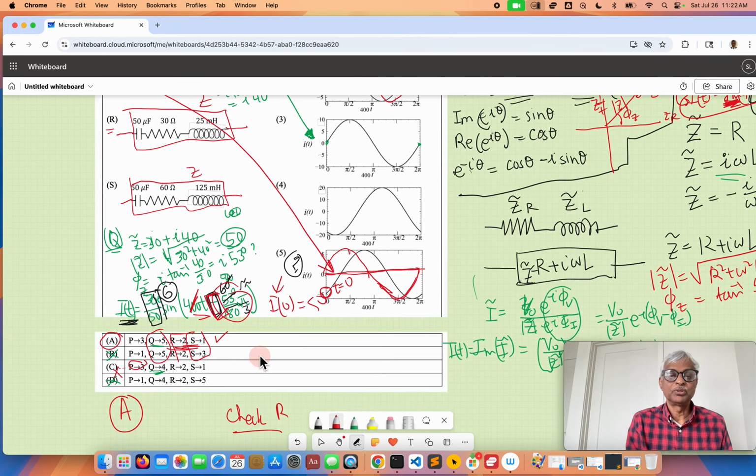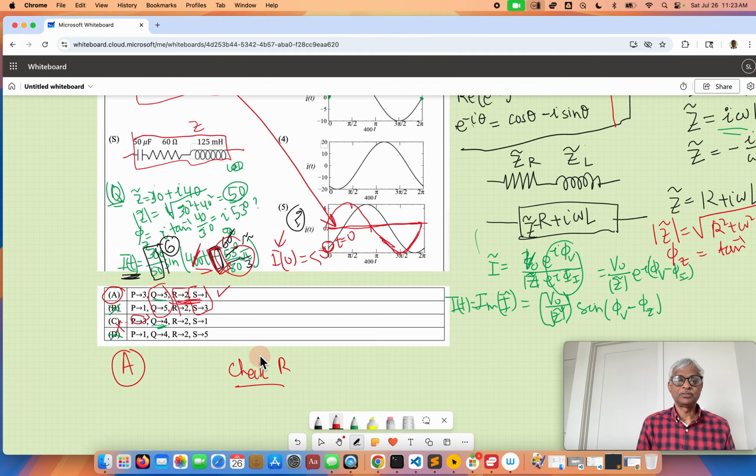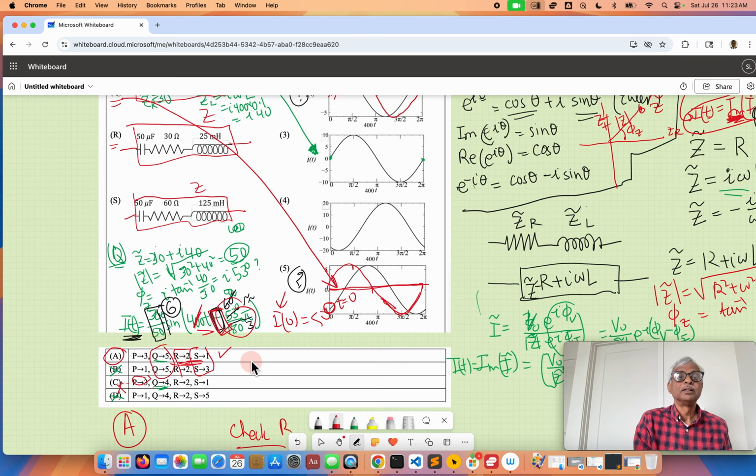But R is more complicated. Let's look at what the Z tilde will be for this part R. Let's write down over here. Z tilde will be, now I've got this guy, which is going to be 30, but this guy is going to be minus i.